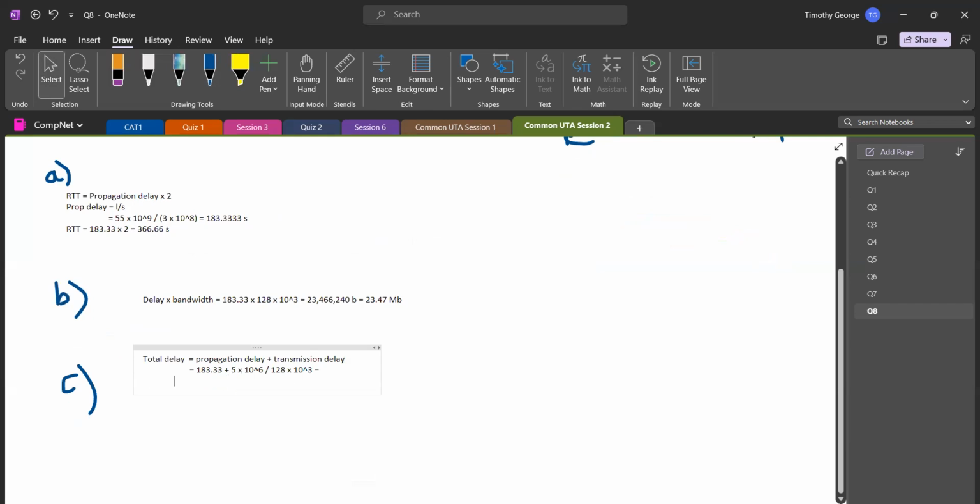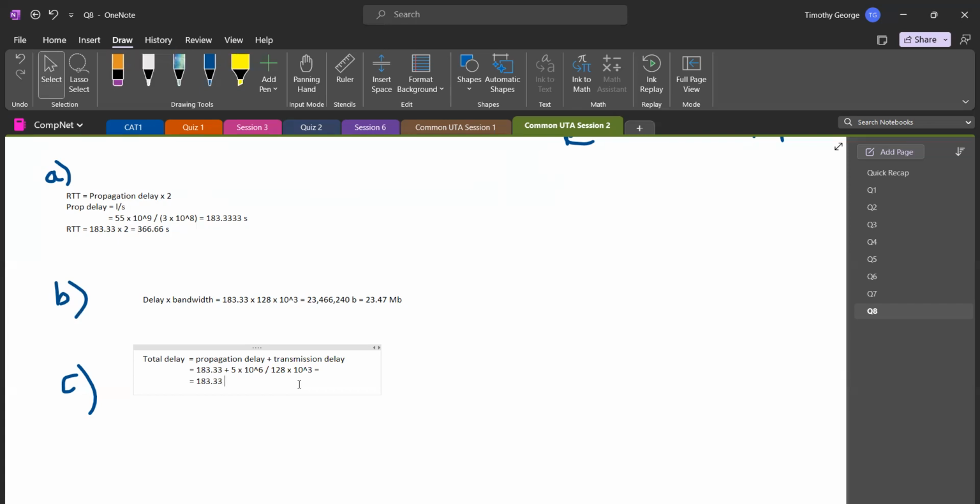183 will continue to be 183, and 5 divided by 128. We can use a calculator.